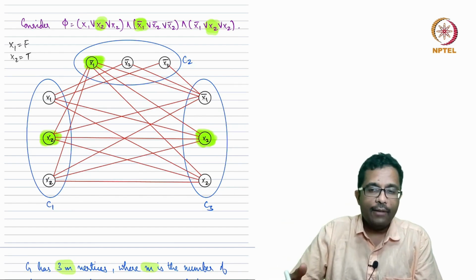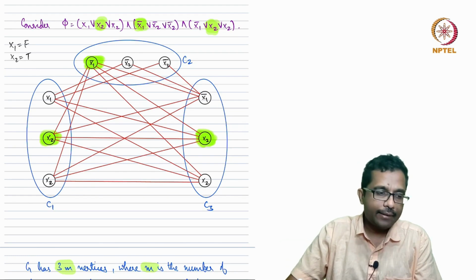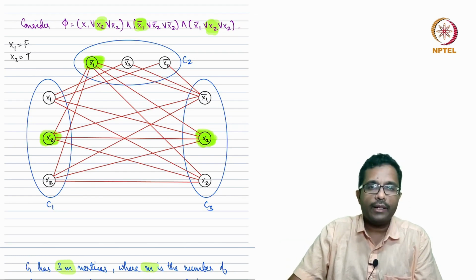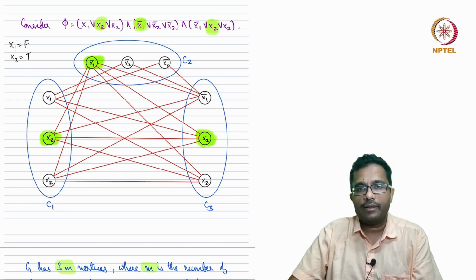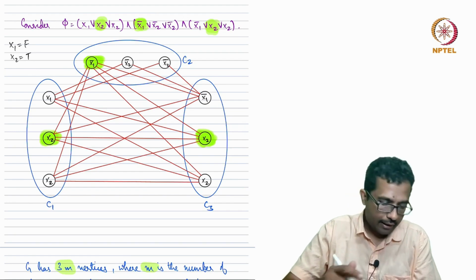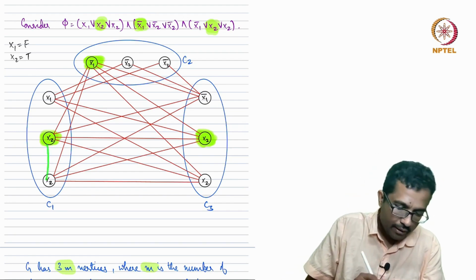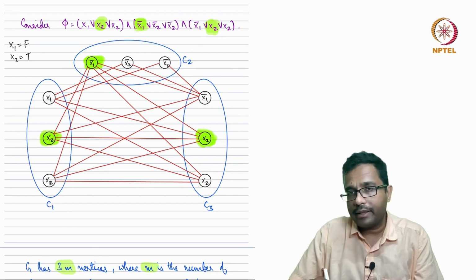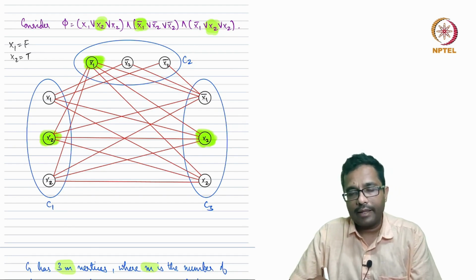For the other direction, if G has an M clique, we know that each group, or each clause, has only one vertex, it cannot have more than one vertex because there are no internal edges. So each group has exactly one vertex, right?